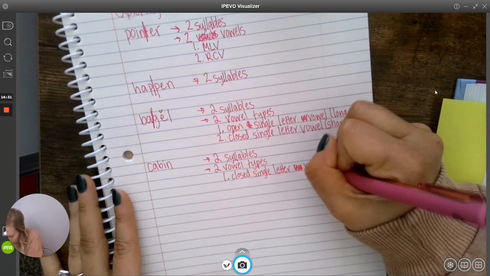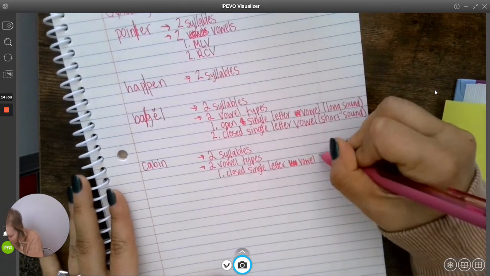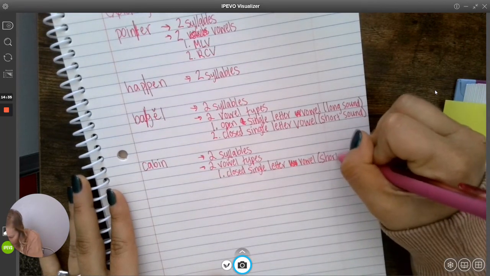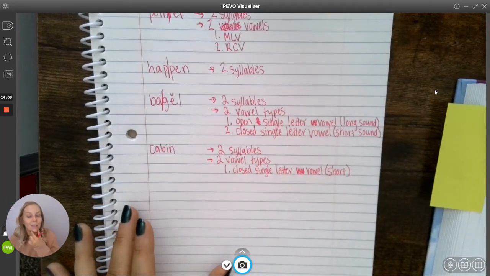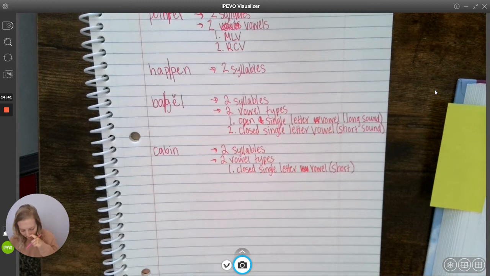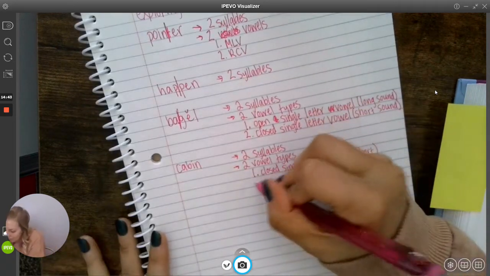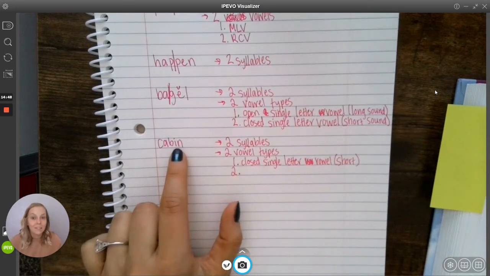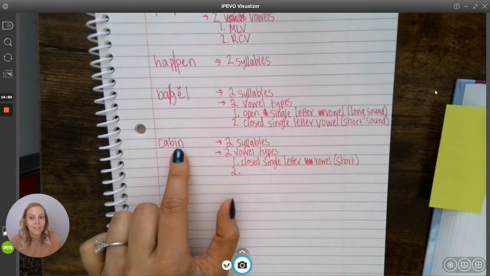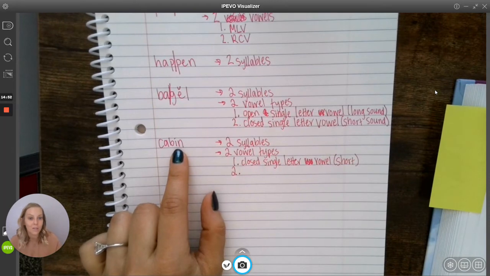Vowel. And it's saying a short sound. Cab. Cab. Surrounded. It's closed. And then the second one in cabin is also a closed single letter vowel.